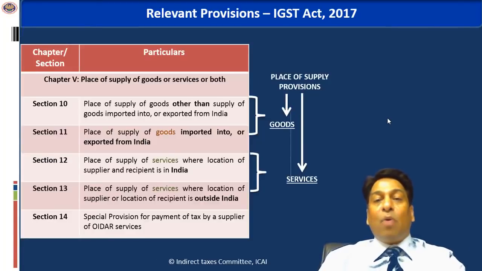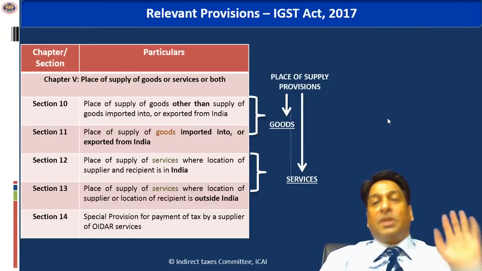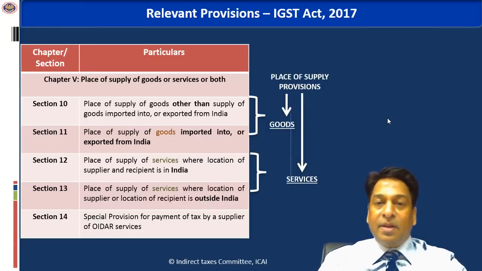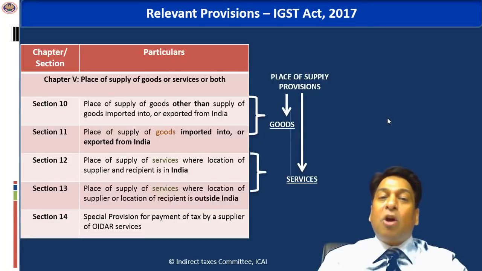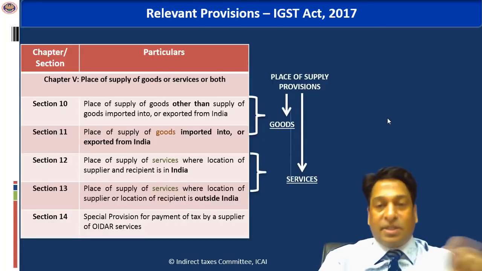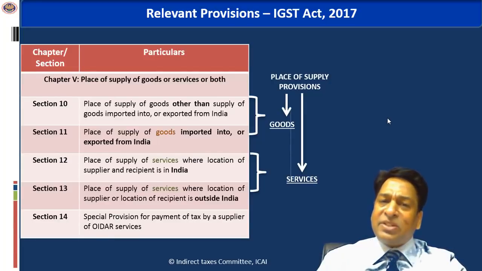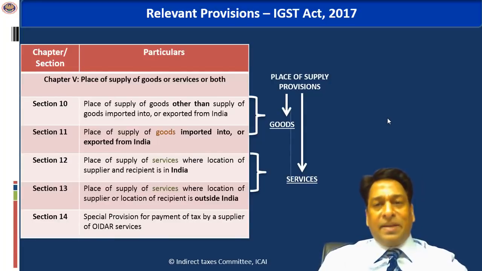Having said that, what points are we going to cover today? We are going to touch base section 10, which talks about place of supply for goods within India transactions, so it can be intrastate or interstate.